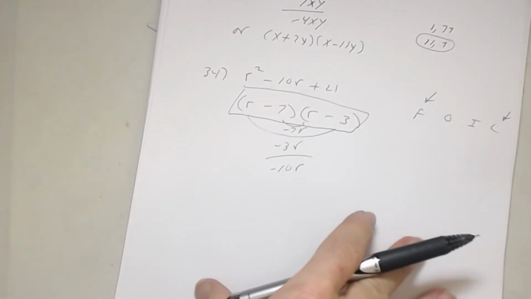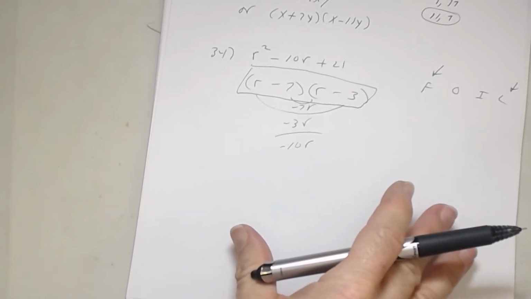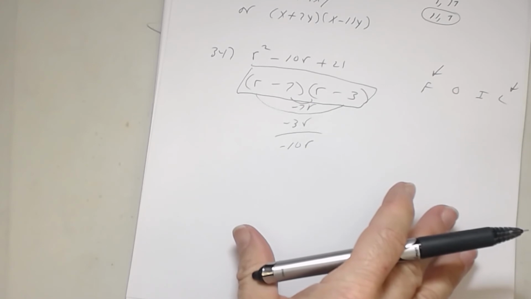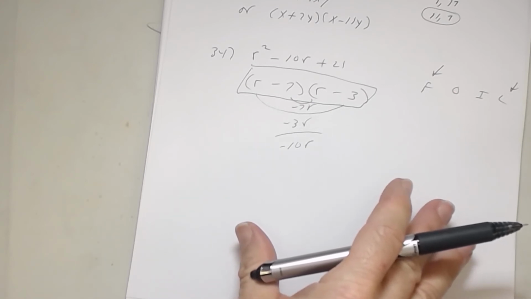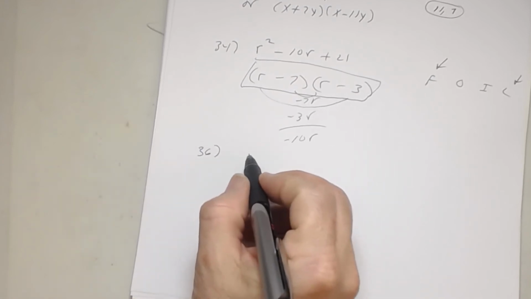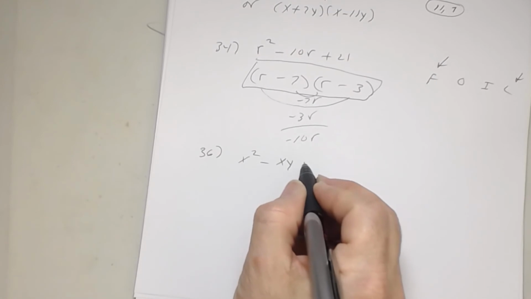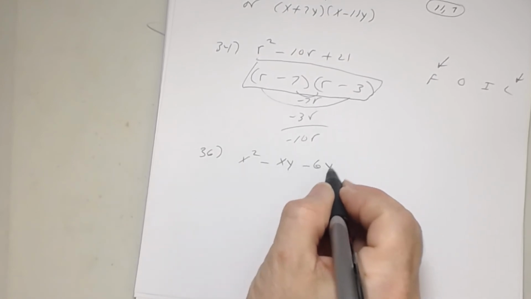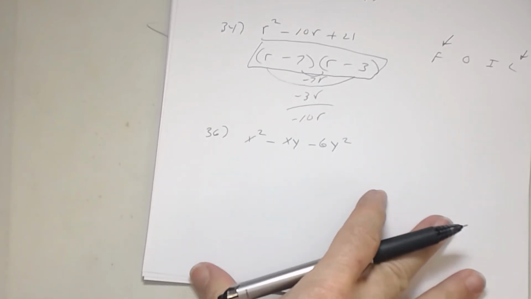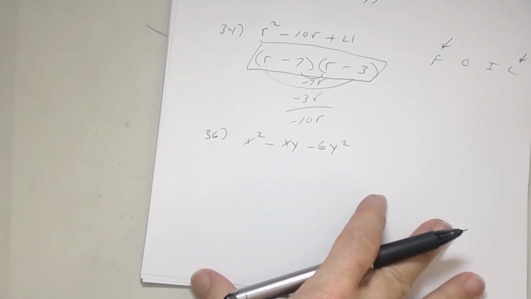Okay, 30. Let's see. Let's do 36. You have x squared minus xy minus 6y squared.